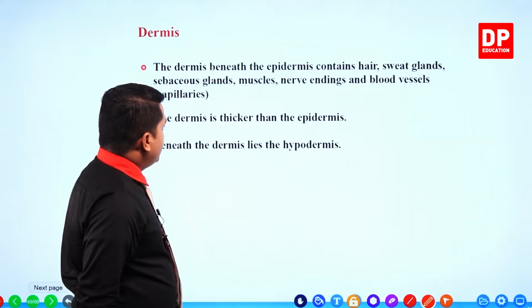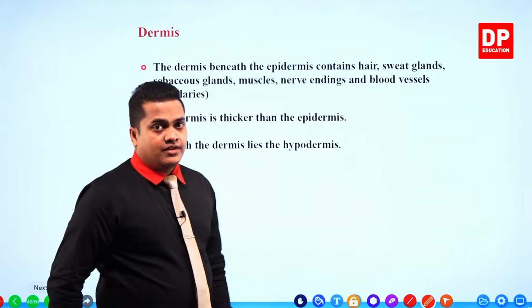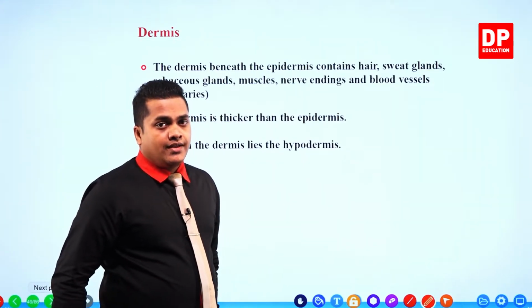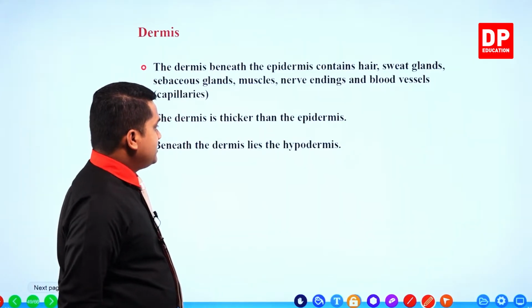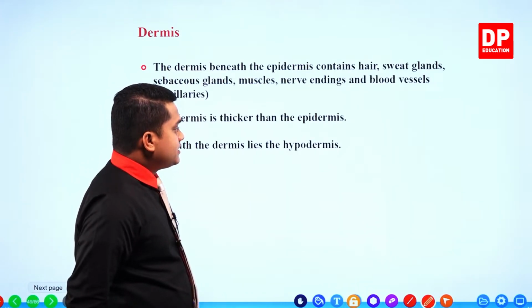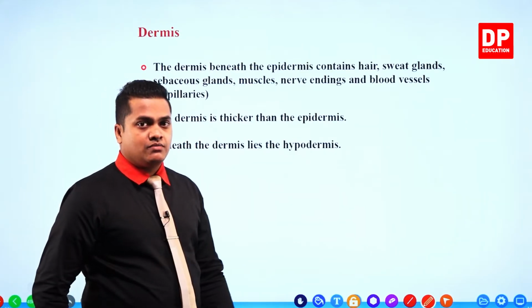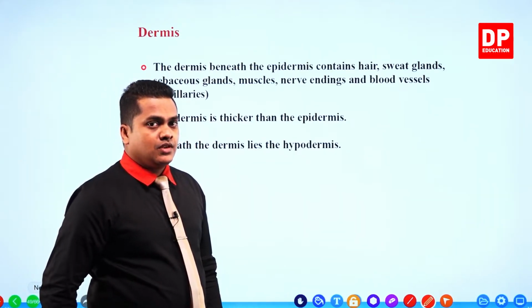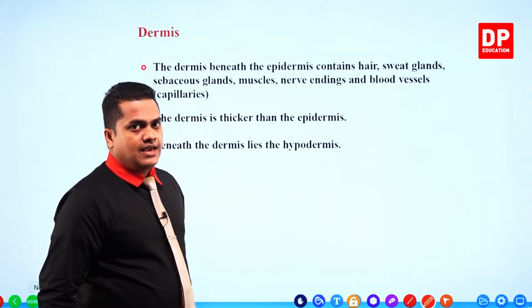the dermis is thicker than the epidermis. Now the dermis is much thicker than the epidermis. Beneath the dermis lies the hypodermis, right? So after the dermis, you can observe the hypodermis. These are the components contained in the dermis area.